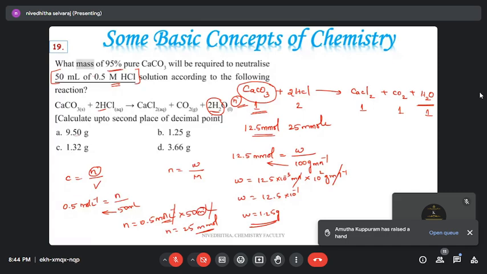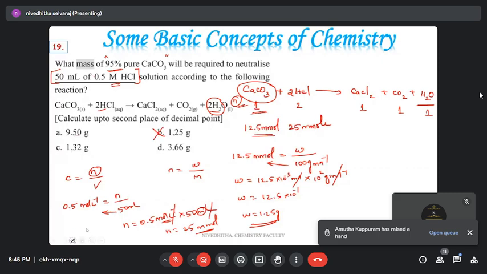So what does this actually mean? 1.25 gram of 95% pure calcium carbonate is not sufficient. I should have more than 1.25, right? I have to add more than 1.25 gram because 5% impurity is there. So definitely the answer is not the second option.